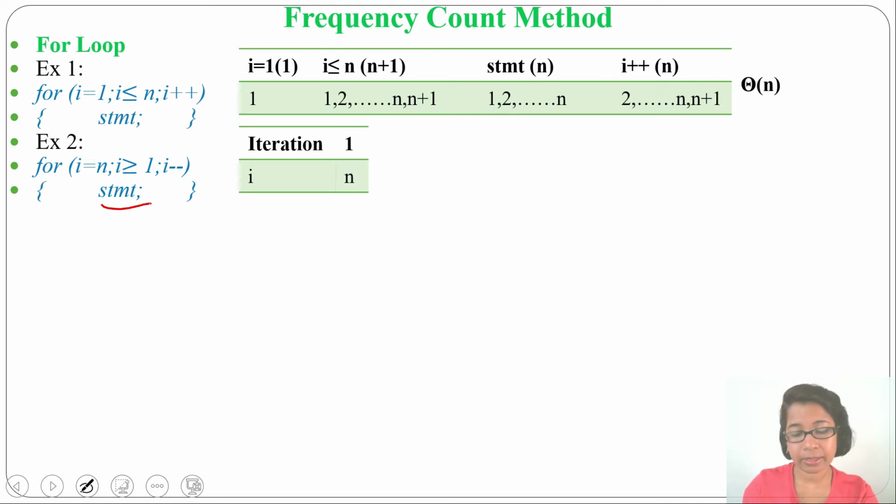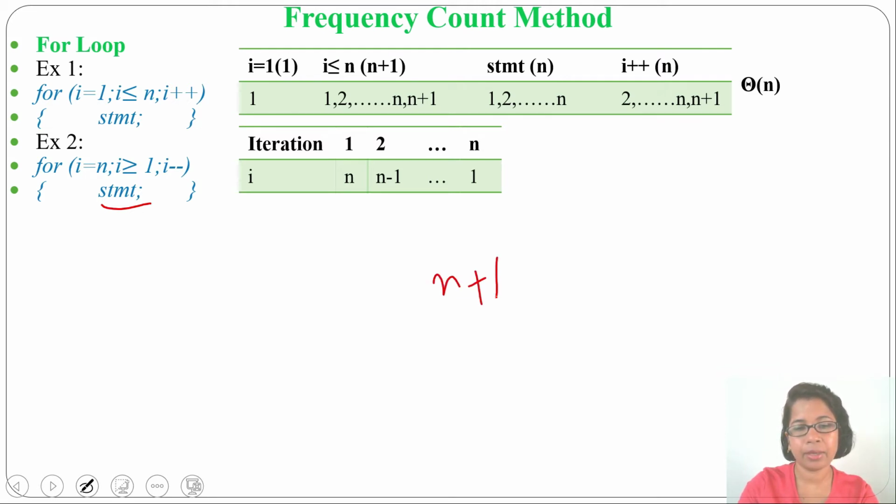For the second iteration, I value will be n minus 1. Then for the third iteration, it will be n minus 2. Up to the nth iteration, I value will be 1. Then for the n plus 1 iteration, I value will be 0. And 0 is not greater than or equal to 1, so it will fail at n plus 1.